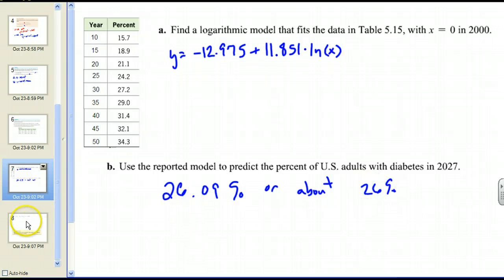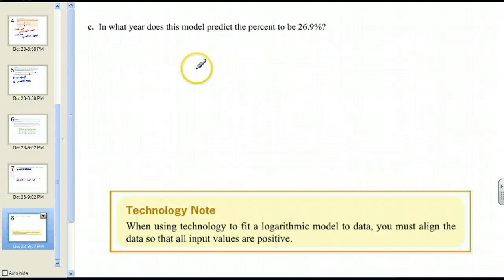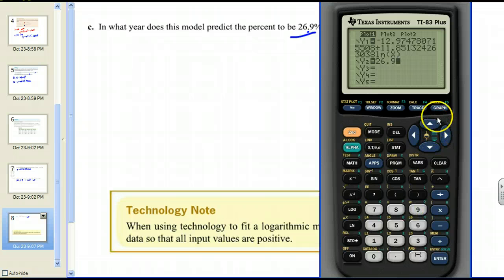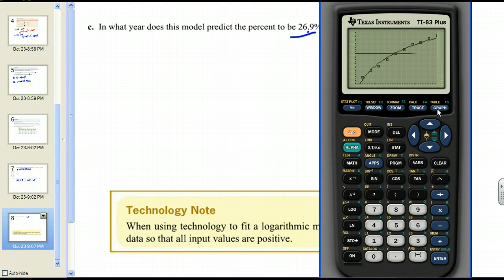Alright, one last thing. What year does this model predict the percent to be 26.9? This is where you can use your calculator. There's your regression function. Go down to the next one and type in 26.9. Graph that along with it, and then find that intersection. So second calc, intersect, option 5.